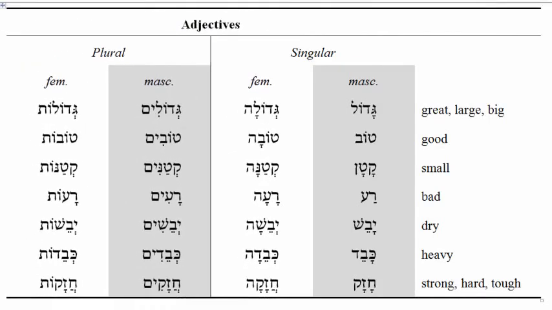A good way to grow accustomed to the sounds of the various forms of a given adjective is simply to hear them collected together.